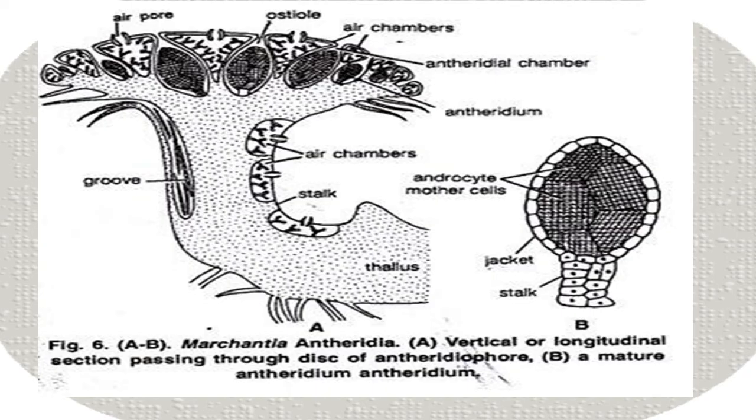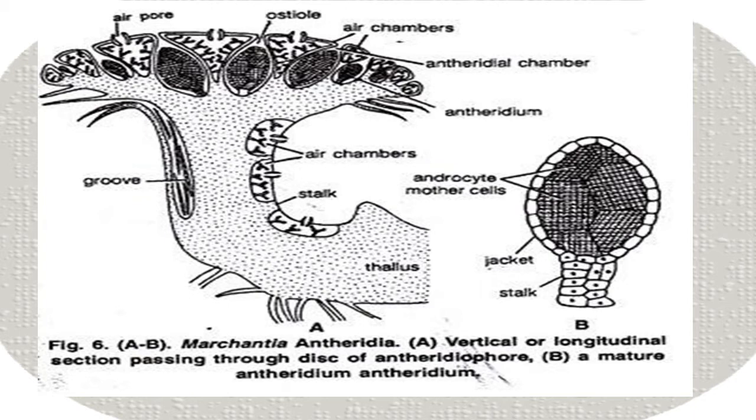Now, next, the diagrammatic representation of Marchantia antheridia. Figure A, vertical or longitudinal section passing through the disc of antheridiophore. First of all, we can see air pore, ostiole, air chamber, antheridial chamber, antheridium, air chamber, stalk, thallus, groove.